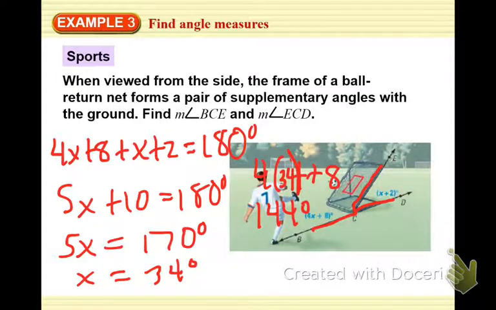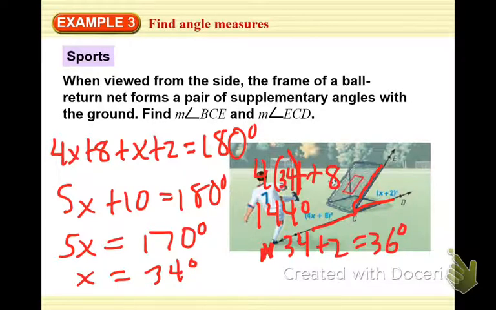That is that measure. And then my other measure is going to be x plus 2. So x is 34 plus 2. That's 36 degrees. Those are my two measures.